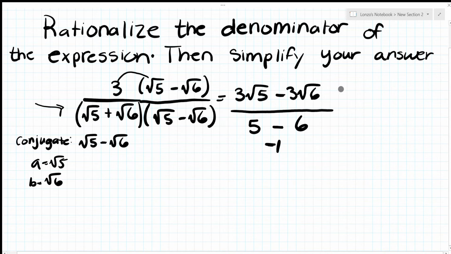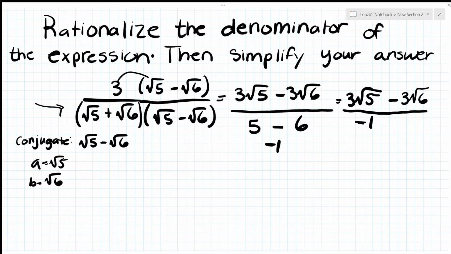Let me rewrite that. So that's going to be 3 square root of 5 minus 3 square root of 6 all over negative 1. Now this all over means we have to divide this by negative 1 and this by negative 1. So when you actually do all the work, you can leave it like this, or you can FOIL it out.